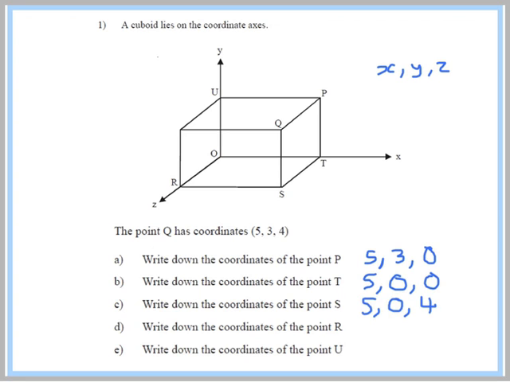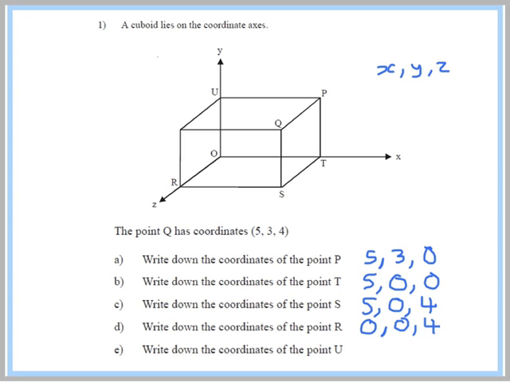The point R, which is over here, so it's not gone along the x-axis at all, so it must be beginning with 0, and then it's gone up the y-axis 2, so that's got to be 0, 2, but it has gone along the z-axis, and that z-axis is 4.